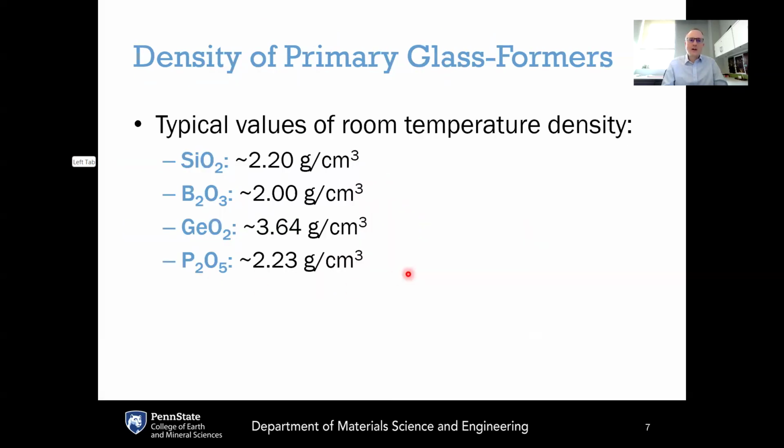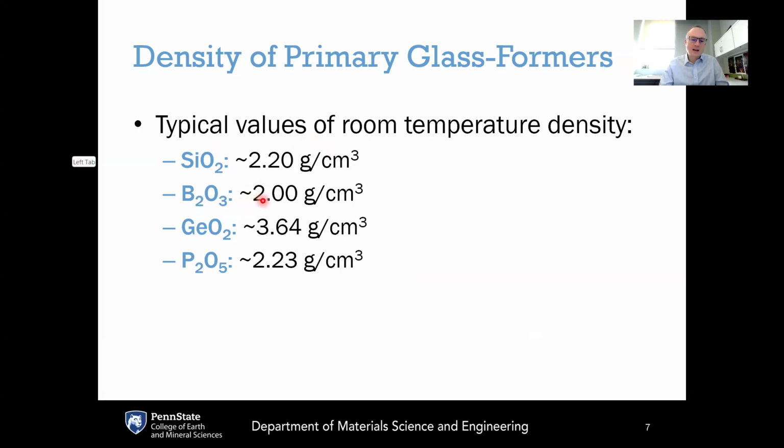Now, when we consider four of the most common primary glass-forming oxides, these are some typical values of the room temperature density of these glasses that have been made under normal experimental conditions. Vitreous silica, SiO2, has a density of about 2.2 grams per centimeter cubed.